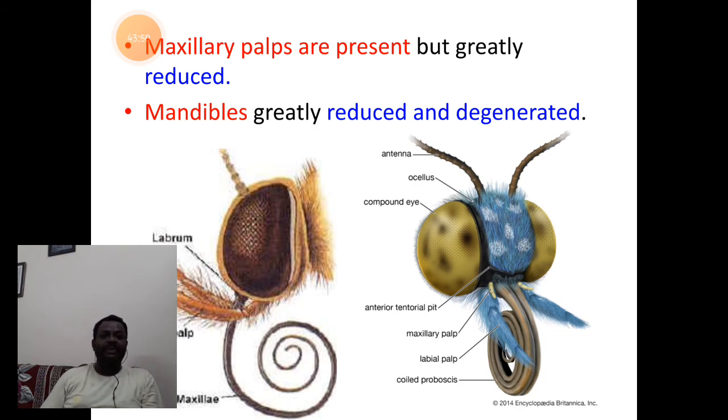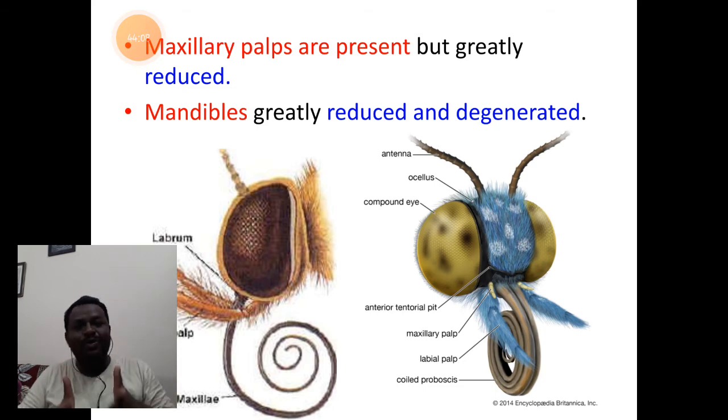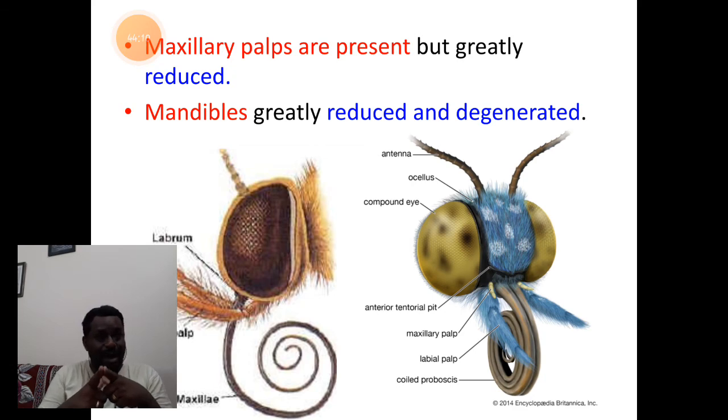Next, maxillary palps are present but they are highly reduced. You can see in the diagram towards the right side, the green shaded one. So you have the labial palps, which are extended blue projections down on either side of the coiled proboscis.